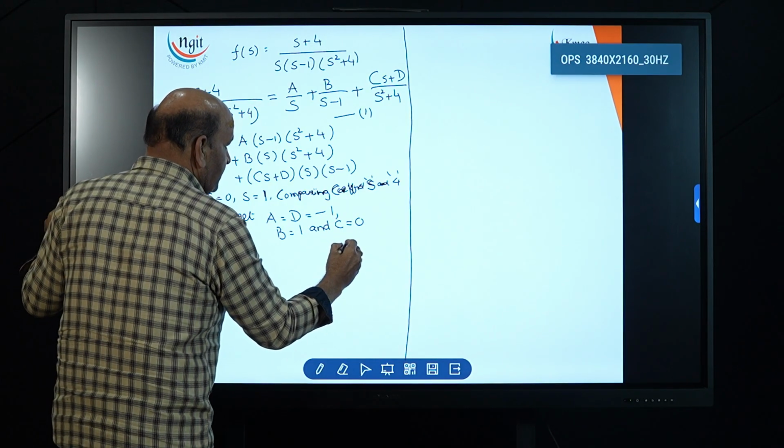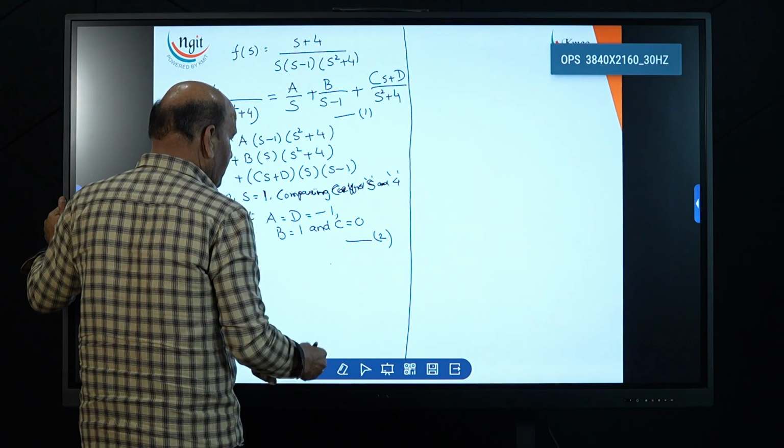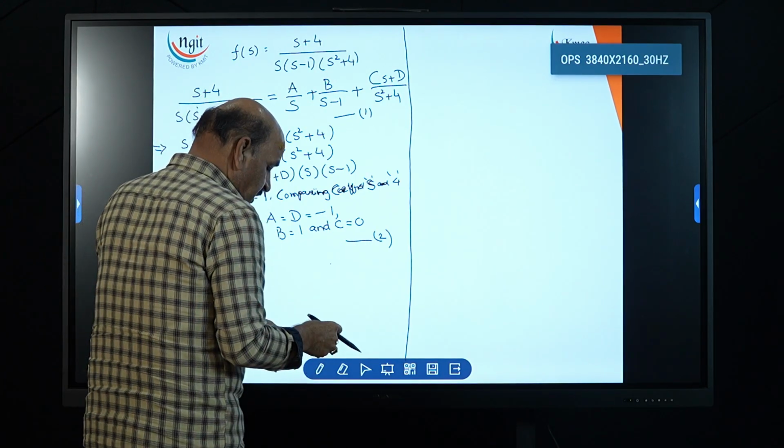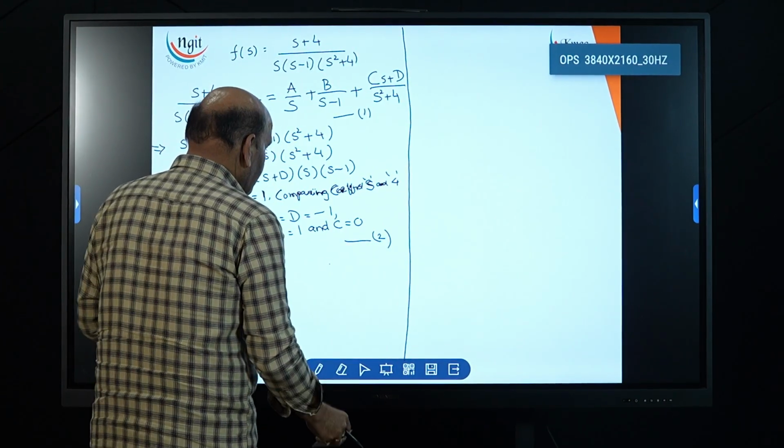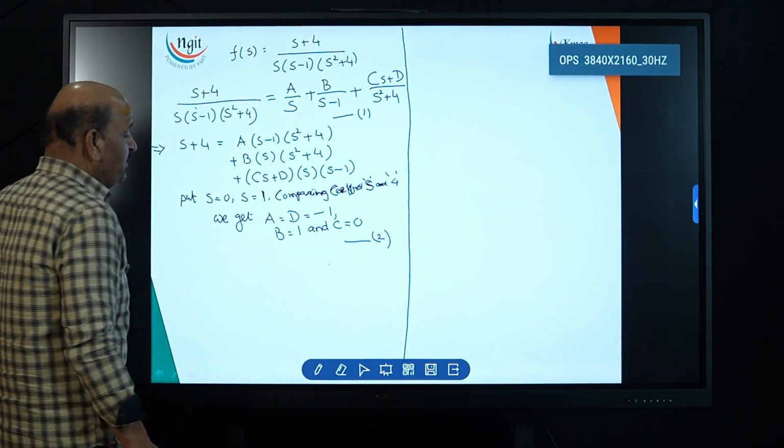These constants we get. This is very important: a equal to d equal to -1, b equal to 1, c equal to 0.